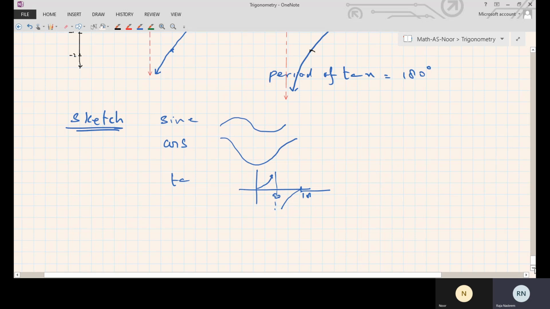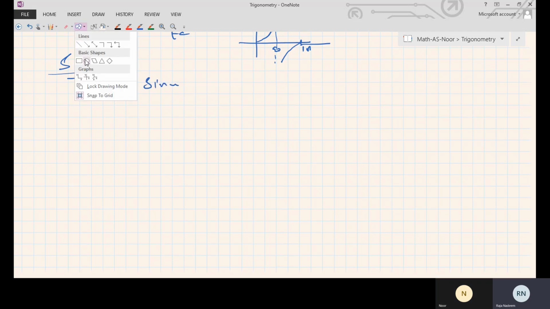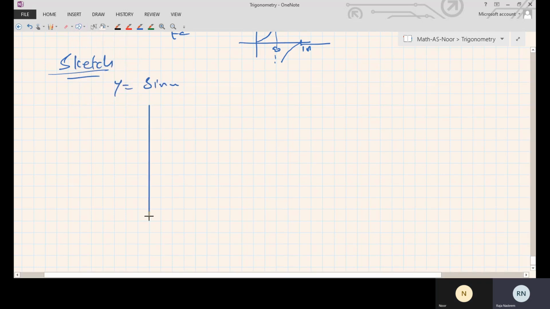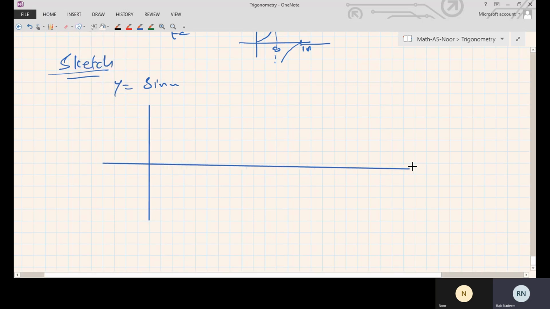So whenever you are asked to sketch the graph of y equals sine of x, all you need to do is take the x-axis and y-axis, and you would see that it is very easy work.